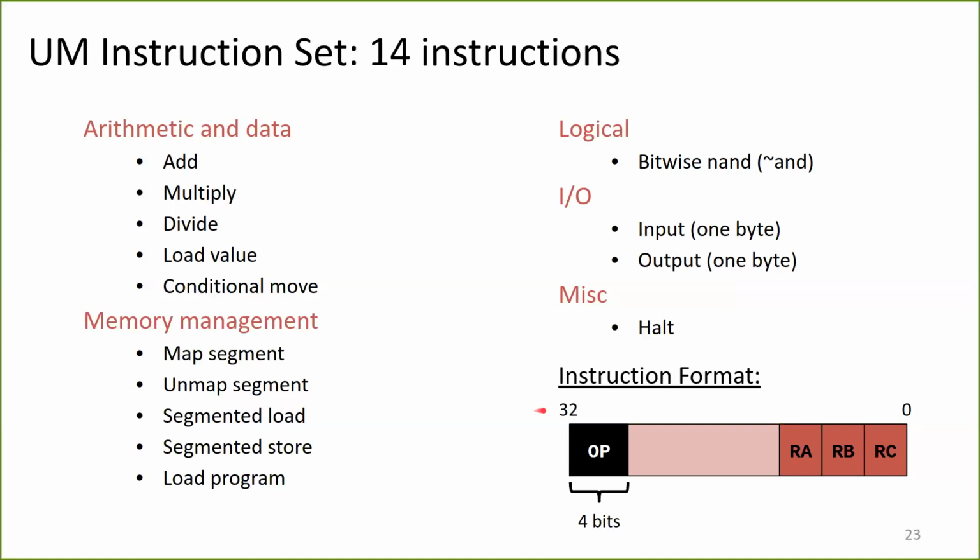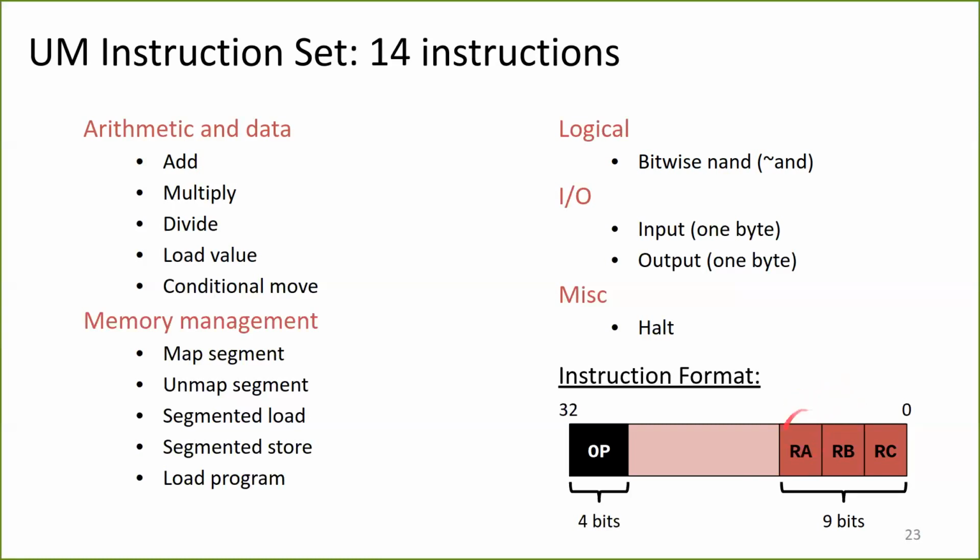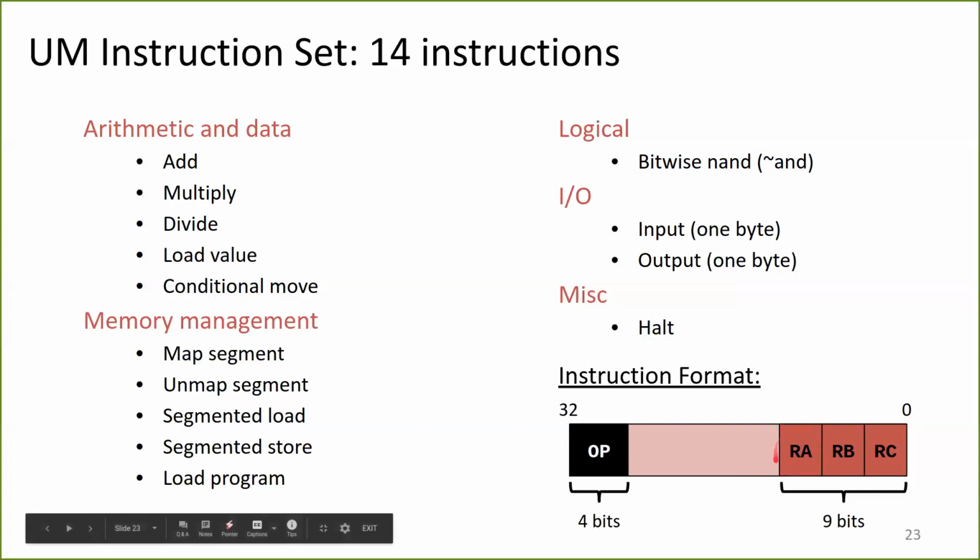So the lower order 9 bits of this instruction are used to encode the 3 different registers that an instruction might use. So 3 bits are used to encode this register that we're going to call register A, another 3 bits for the second register, and another 3 bits for the last register, giving a total of 9 bits.